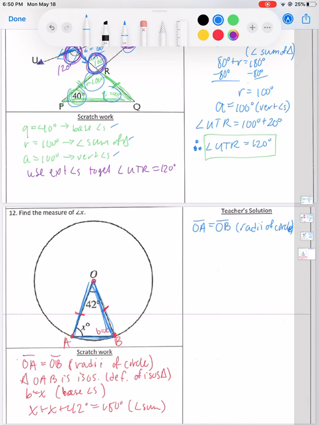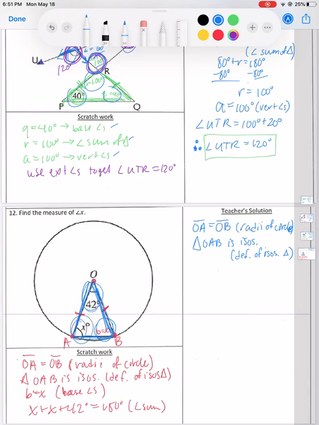Then we can say that the triangle OAB is isosceles from definition of isosceles triangle. Okay, that's my reason. Now the base angles are what we need to focus on, because we need to use angle sum right here for this one, and this one.